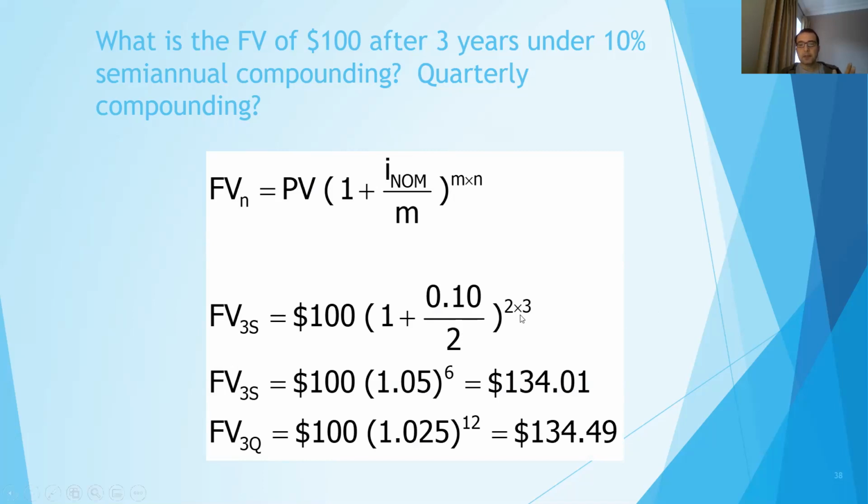How many times? In 3 years' time, we have 6 periods. So we calculated 1.05 to the power of 6, right? So the future value of $100 compounding semi-annually, twice a year for 3 years, is 134.49, right?